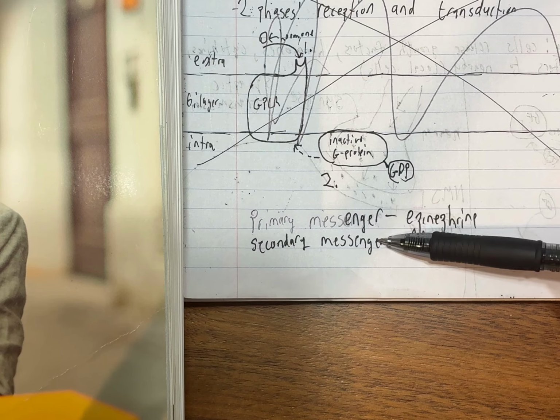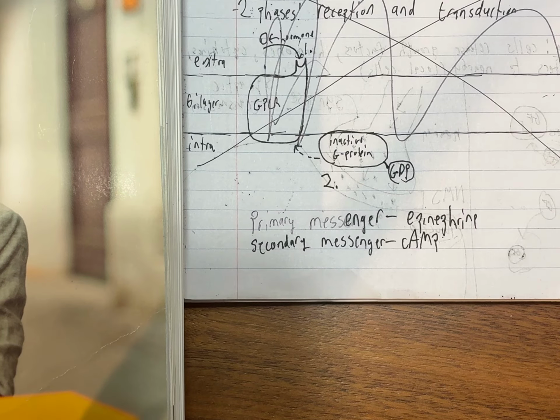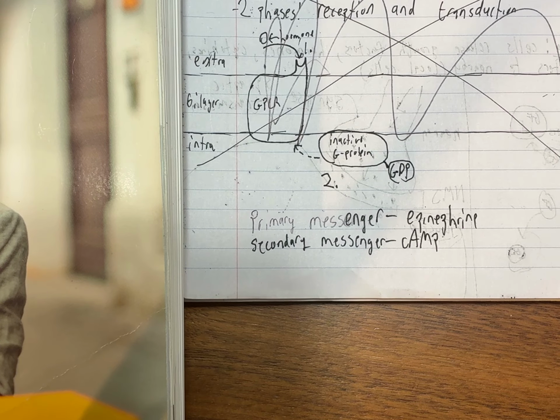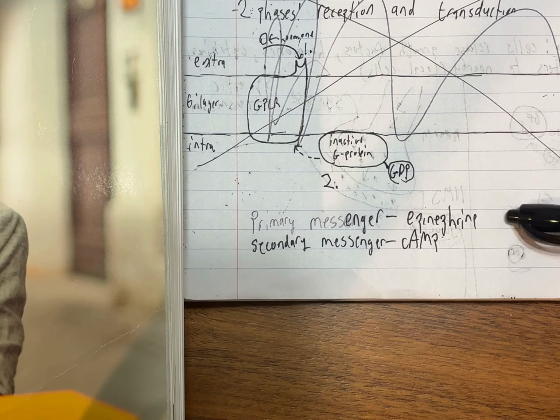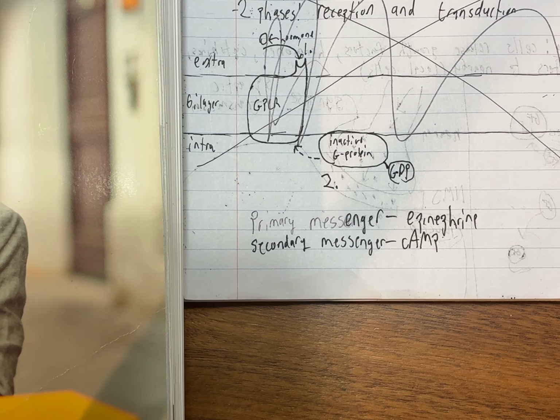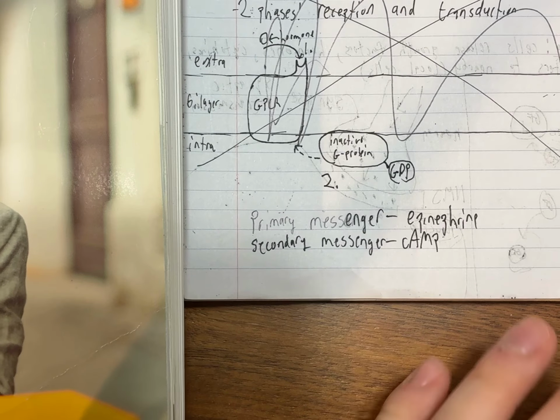These words are very important to know, primary and secondary. You might be asked to identify what's a primary and what's a secondary messenger. Just know the primary messenger is going to be the initial binding. That's usually going to be a hormone, maybe a ligand, it could be a cytokine in paracrine signaling, but primary and secondary messengers are very important.